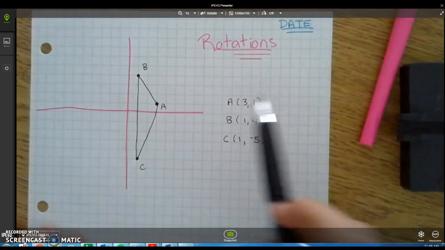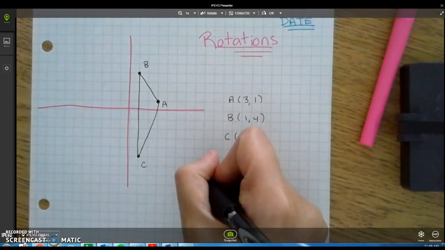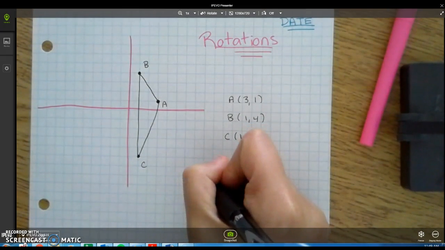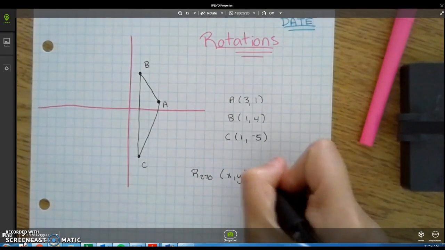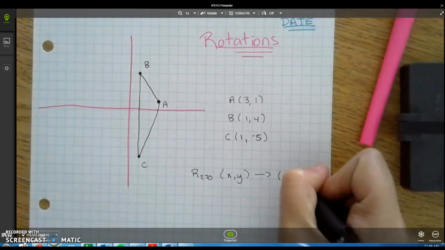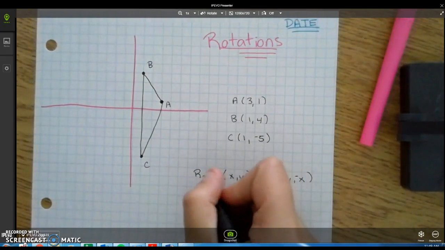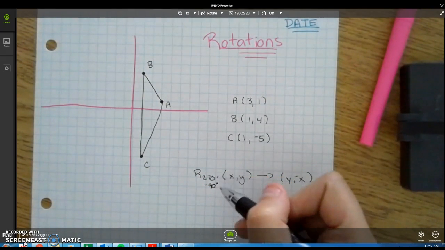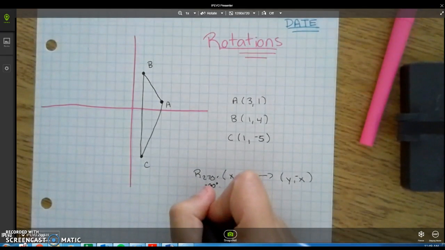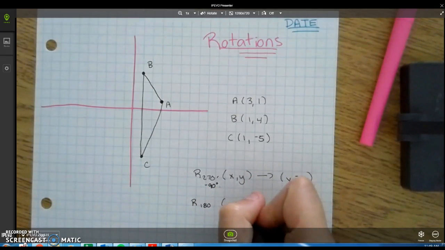Okay, rotations. So you had 3 rotation rules. We've got rotation of 270 degrees, where x and y will flip places. What used to be x becomes negative. This is the same as negative 90 degrees. This would be counterclockwise, this would be clockwise. We have a rotation of 180 degrees.